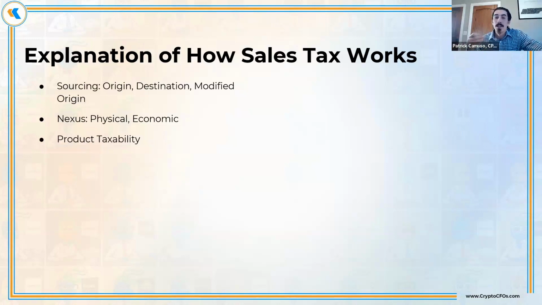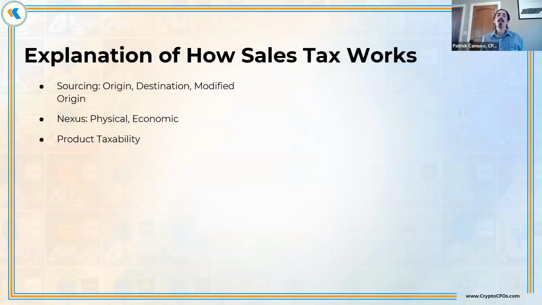But basically, physical nexus is when you have a physical presence in the state. This could be a warehouse, an office, or employees physically located in the state. If you have a physical presence there, it's likely you're going to have a nexus, which means you should be collecting and remitting taxes for sales that are sourced to that tax jurisdiction.